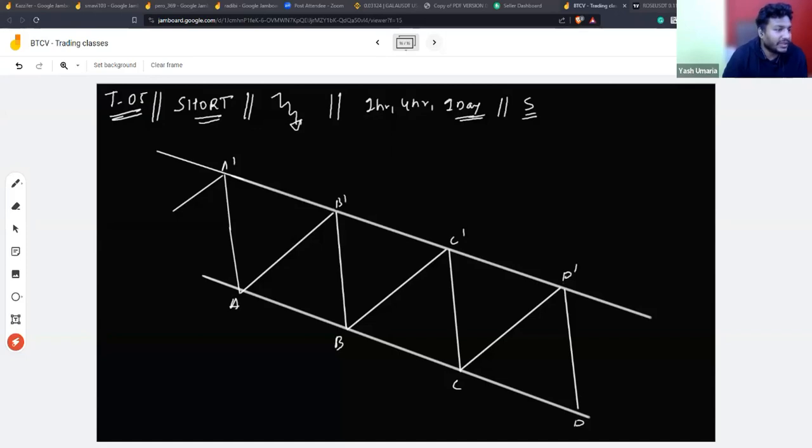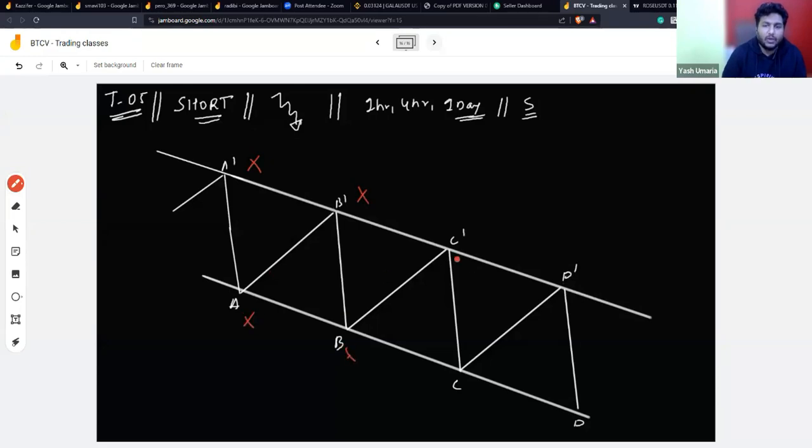Okay. So the correct answer is C dash and D dash. Okay, that's the correct answer. C dash and D dash, and I think almost all of you have given the correct answer. Sasa, D dash, okay, but that's of course partly correct. But you can also take a trade on C dash. Okay, but how can you take a trade on C dash? See, very clearly we can't take a trade on A dash, B dash, and A and B. On the fifth point, of course, if the market takes a U-turn, you can take a trade.